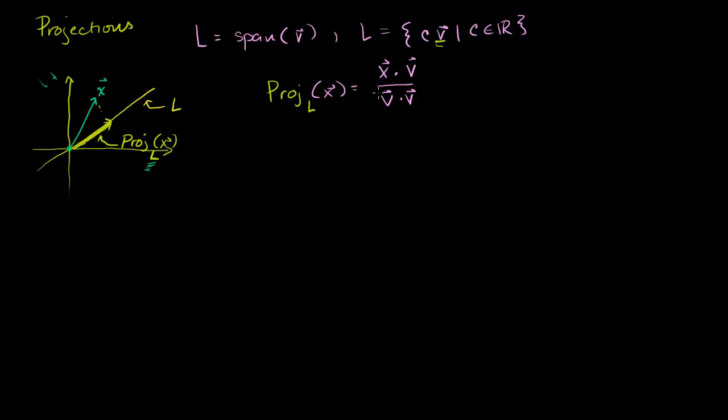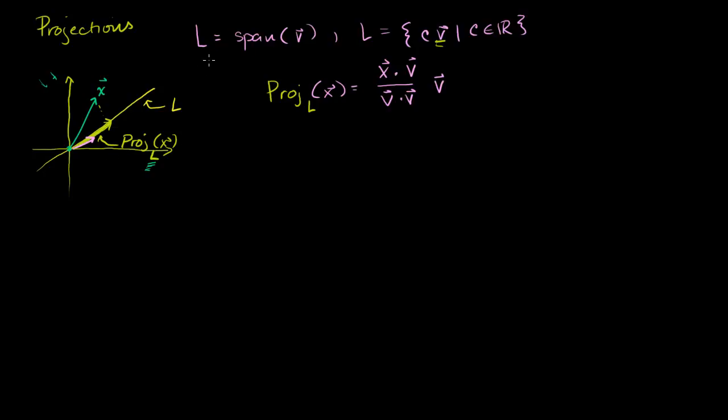So all of this was a number, and then you want it to be in the same direction as your line. It's going to be another vector in your line, so it's going to be times the vector v. So it's just going to be a scaled up or a scaled down version of your spanning vector. Maybe your spanning vector is like that. And really any vector in your line could be a spanning vector, any vector other than the 0 vector.